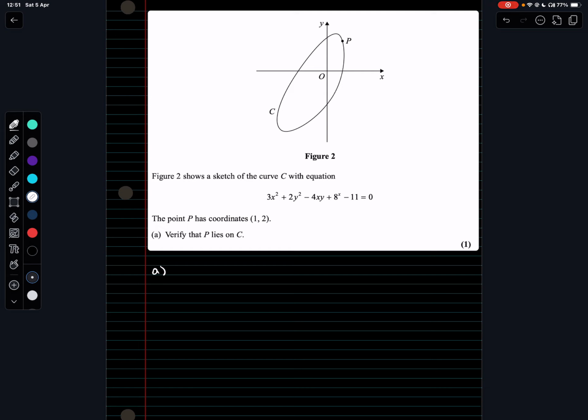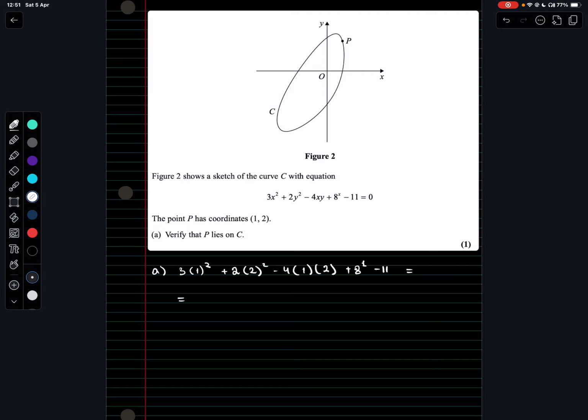Instead of x, I'm going to write 1, so that's 3 multiplied by 1 squared, plus 2 squared minus 4 times 1 multiplied by 2, plus 8 to the power of 1 minus 11.